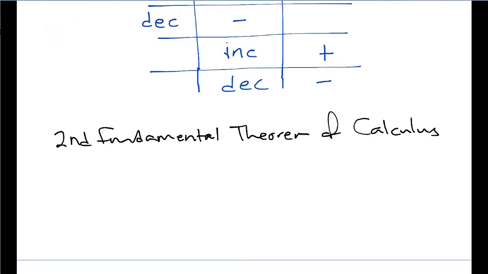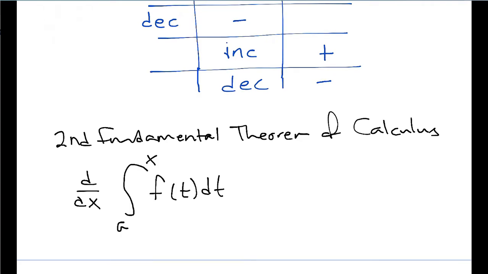The second fundamental theorem basically says that if we integrate from a to some value x of a function f of t dt, and then differentiate it, those two things should undo each other.